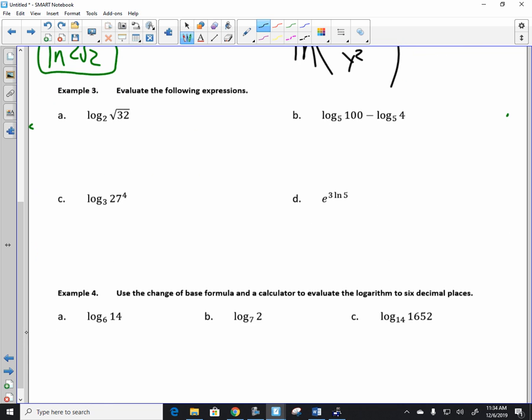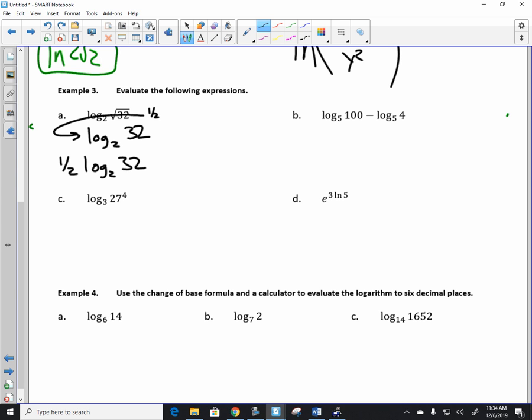All right, let's make it really cool now. We can use these properties in order to evaluate expressions more easily. Log base 2 of 32 to what power? 1/2. What could I do with that 1/2? Drop it out front. 1/2 log base 2 of 32.